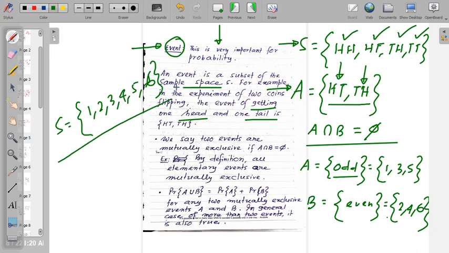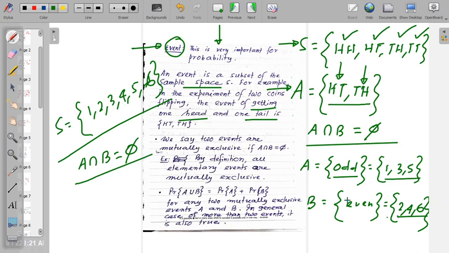Okay. And then you see A is the odd numbers, which is 1, 3, 5. And B is the even numbers, which is 2, 4, 6. And there is no common element between these. So A intersection B definitely will be null. So these two events are mutually exclusive, right?